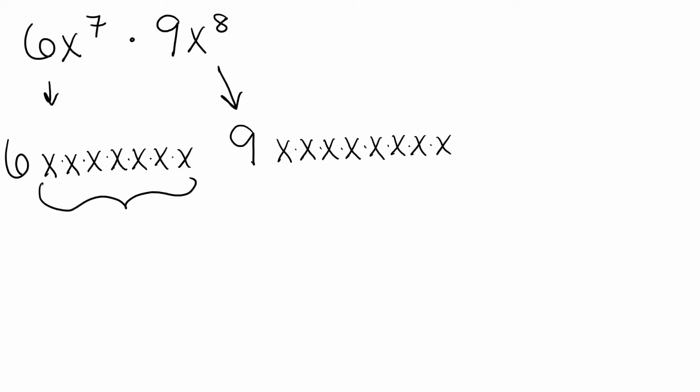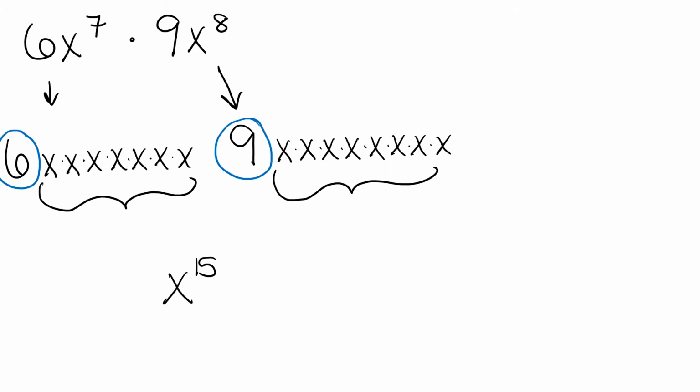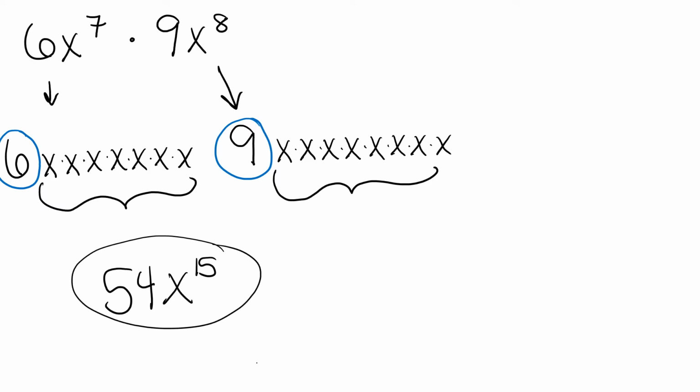We total up our x's, which gives us a total of 15. So that's x to the 15th power. We take the large numbers, 6 and 9, and we multiply them together to get 54. And so our answer is 54x to the 15th.